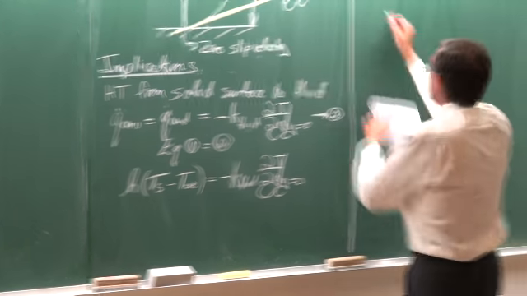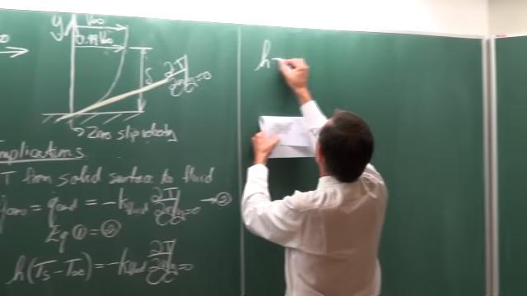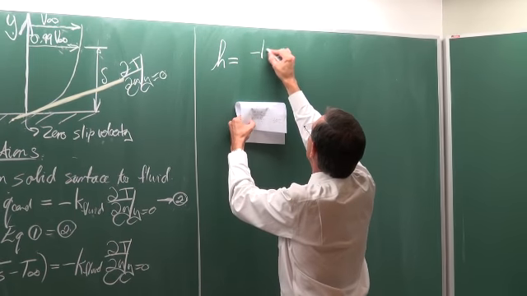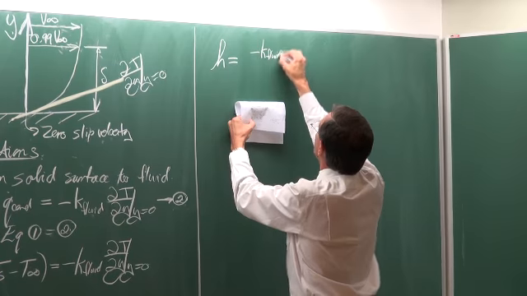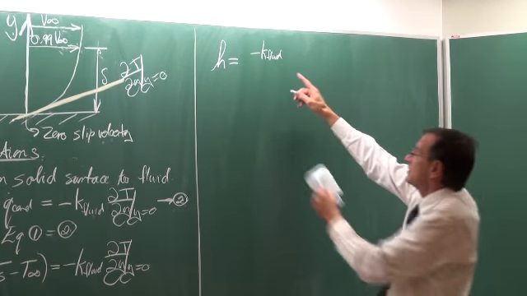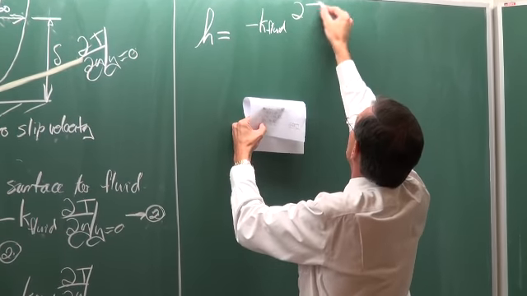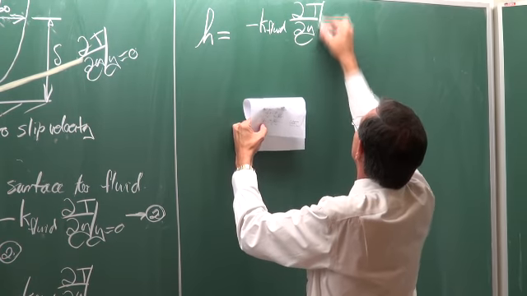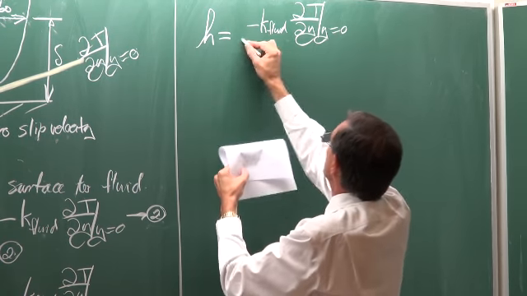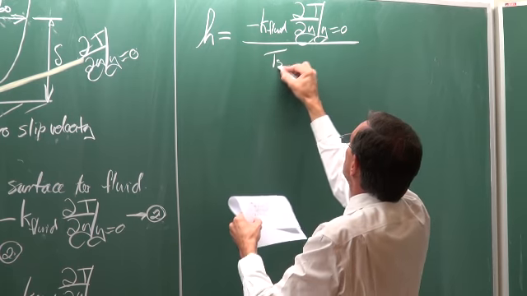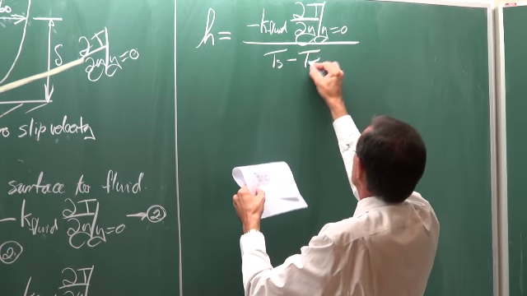The result is that the heat transfer coefficient is fundamentally equal to minus the k value of the fluid multiplied by partial dT/dy, where y is equal to 0, divided by Ts minus T infinity.